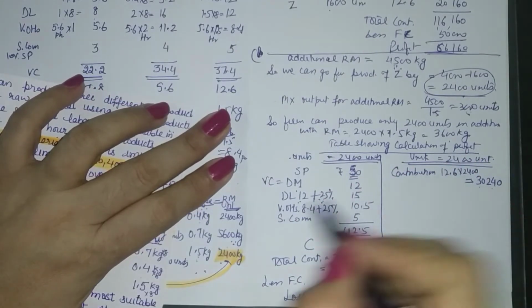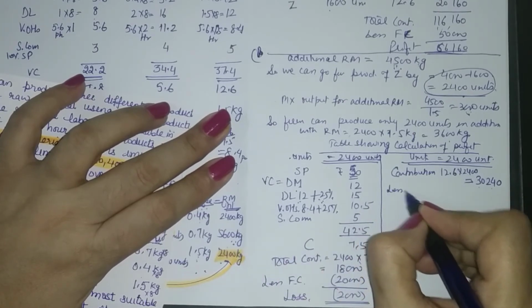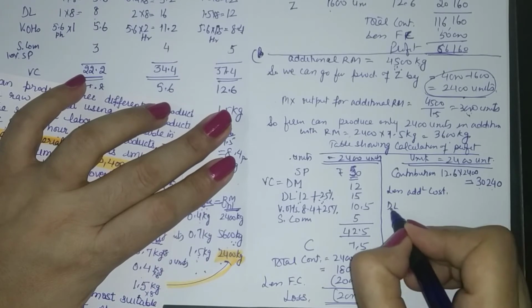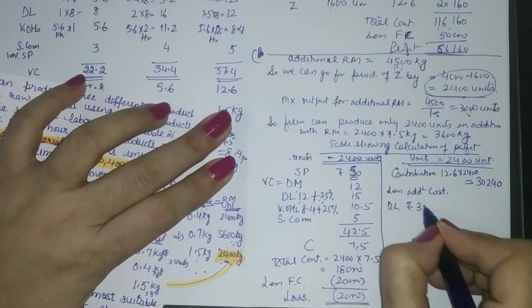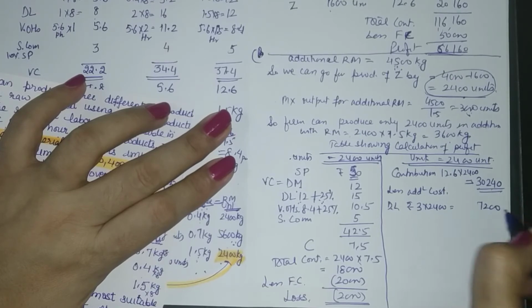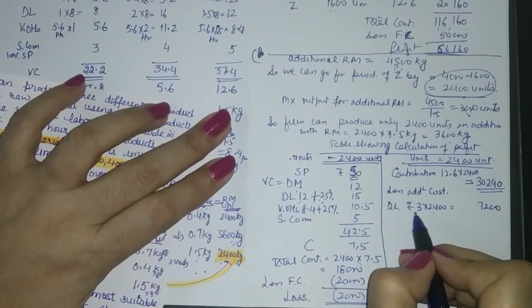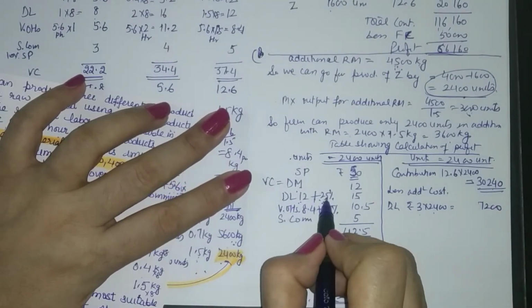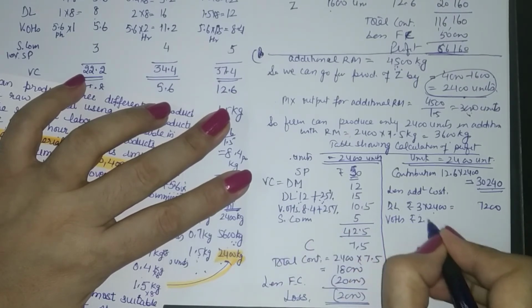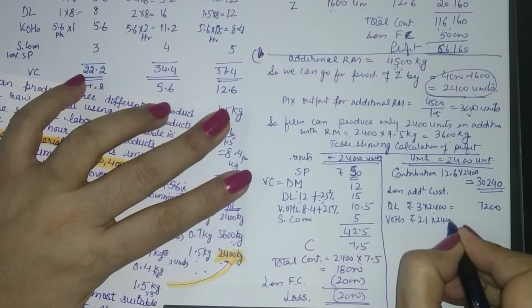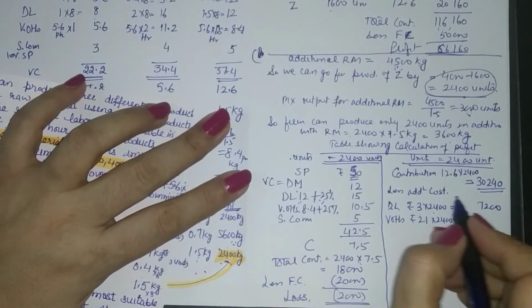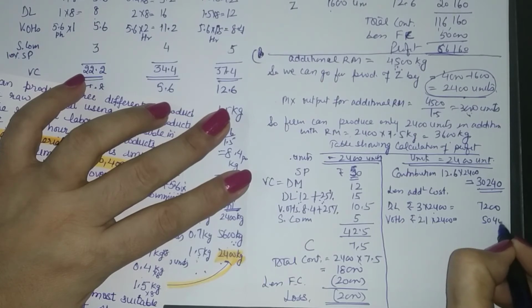But in order to get that contribution, you will have to incur additional costs also. In labor, you will have to incur 3 rupees extra, isn't it? On all these units, you will have to pay 3 rupees extra because labor cost has increased. Variable overheads will be 2.1 rupees extra on these 2400 units, so on variable overheads also you will have to spend 5,040.